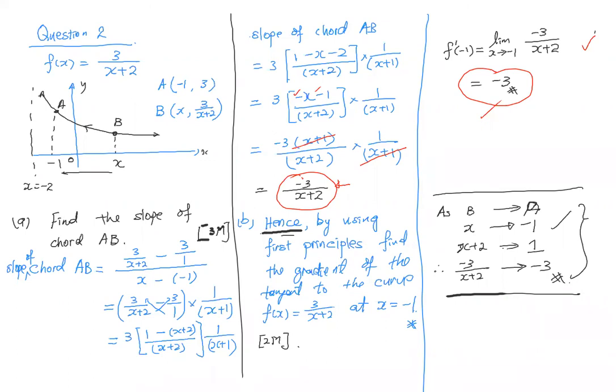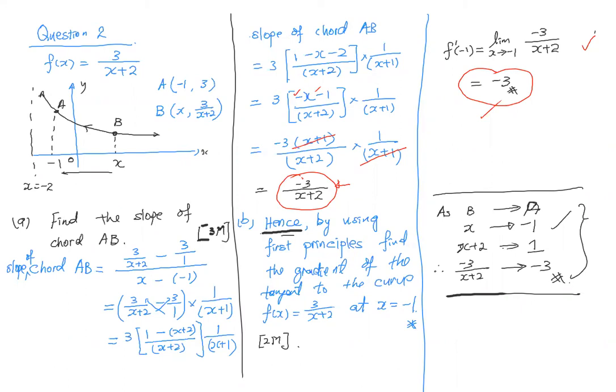So you have to be very specific, understand? Cannot just say gradient of tangent, average rate of change. No, you have to say from what to what. Because I can anytime change the value. Am I right? You cannot give me a general statement. You have to give me a specific statement when you interpret the meaning for that particular question.